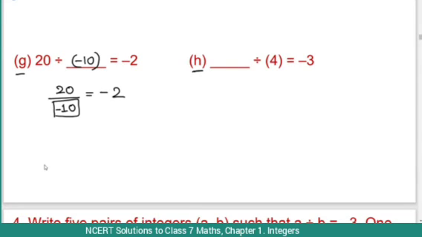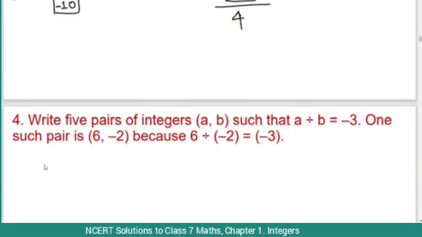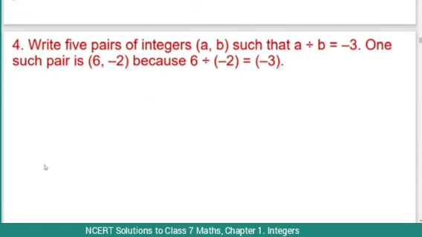H, dash divided by 4 is equal to minus 3. It is minus 12 divided by 4 is equal to minus 3. Answer is minus 12.